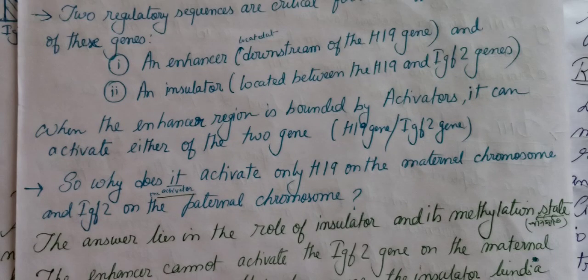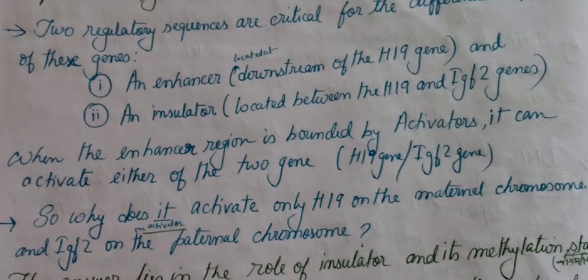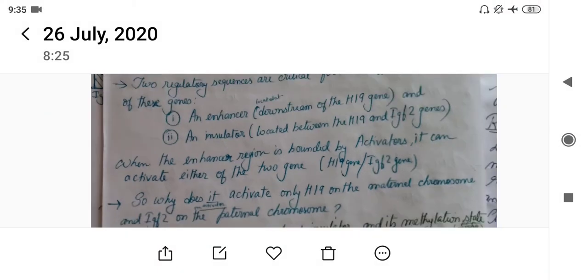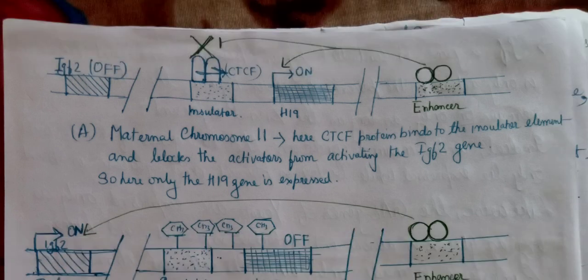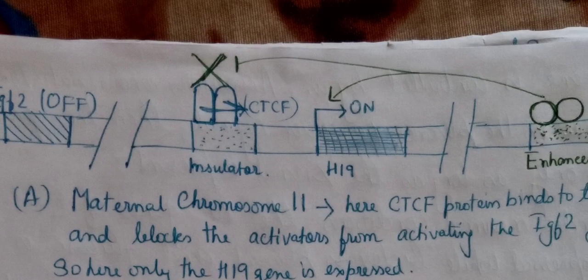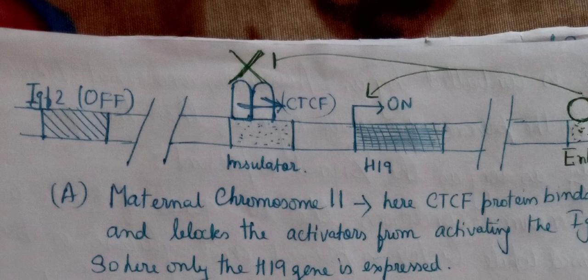So the enhancer is located downstream of the H19 gene, and the insulator is located between the H19 and IGF2 genes. You can see the insulator here, this segment.